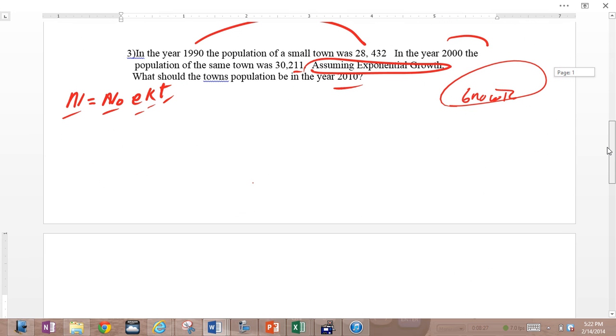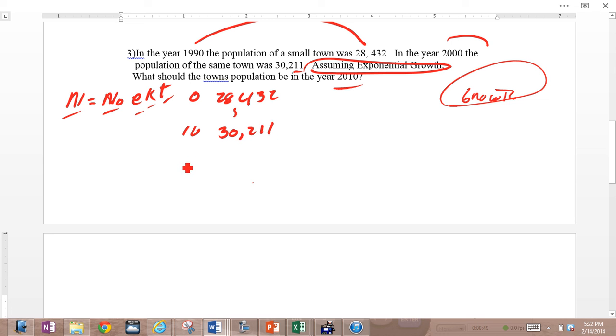Same thing. 1990, year zero, the population is 28,432. The year 2000, 10 years later, year 10, the population is 30,211.